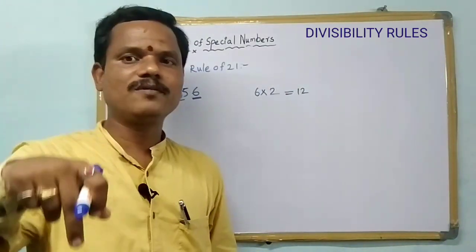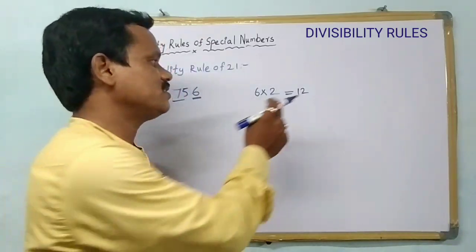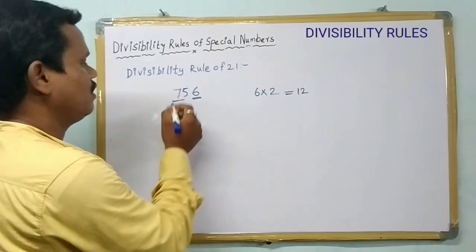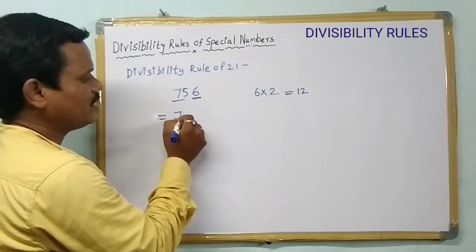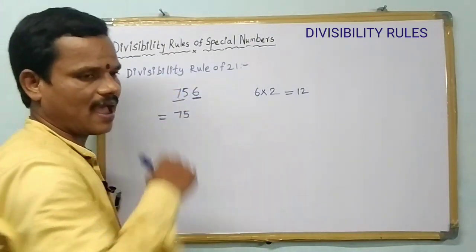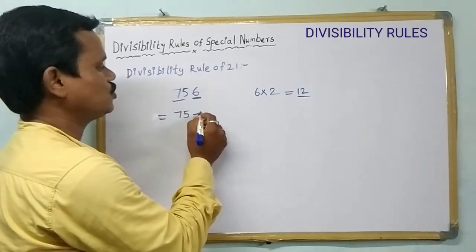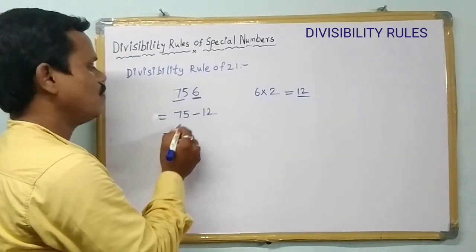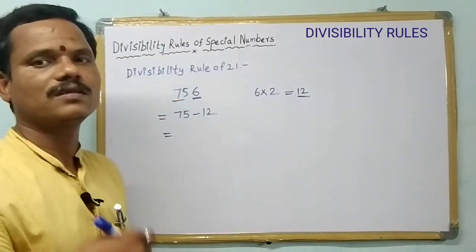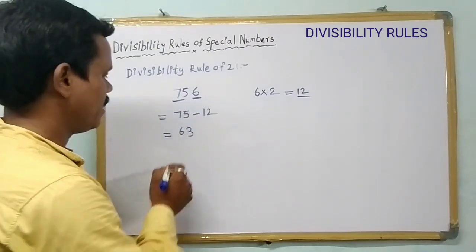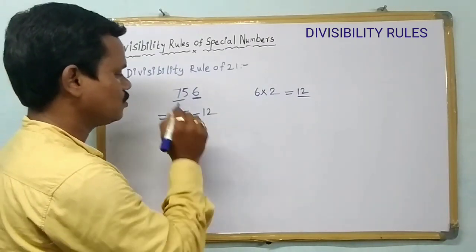In the divisibility rule of 7 also we subtract this value from the second part. Here also we can do the same. Step 2 is write the second part as it is and subtract this value, minus 12. Okay, what is the value of 75 minus 12? Means 63.